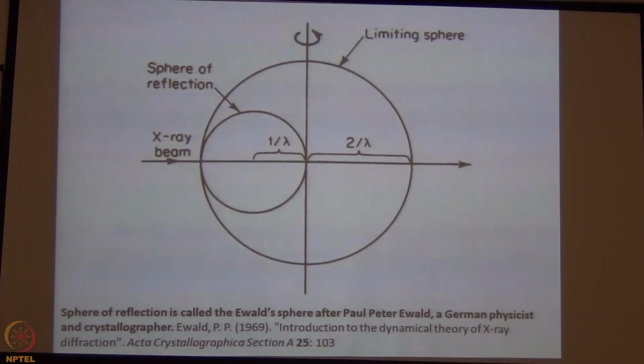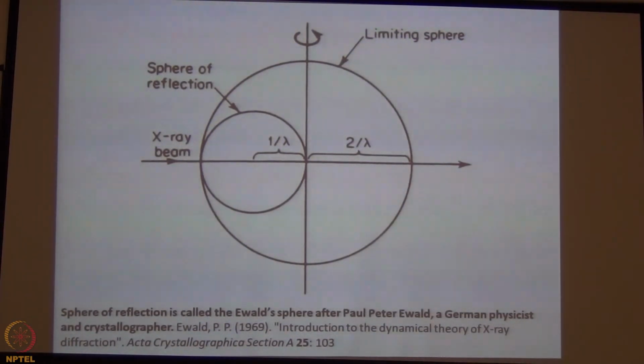Right? If I rotate the crystal in this plane, whatever planes are there, whatever directions of reciprocal lattice are there, in that particular plane which is inside this sphere can pass through that sphere. Outside, no. So this particular smaller sphere is called the sphere of reflection, and that one is called the limiting sphere of reflection.